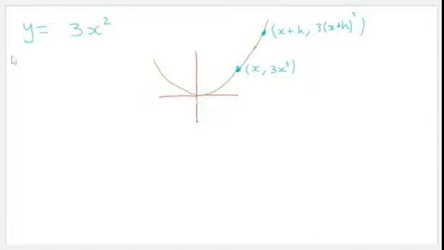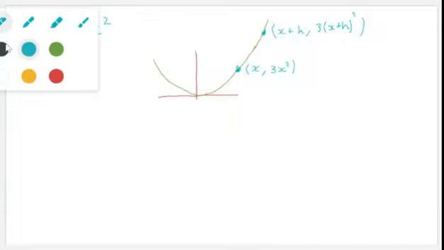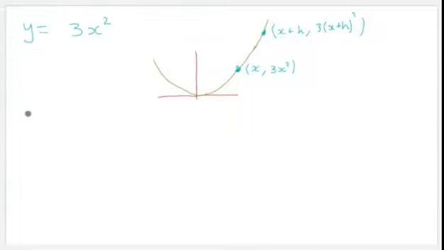And then going back to our work on gradients, we are essentially going to work out the gradient. So the change in y over the change in x. So the gradient is the change in y, so that's 3 lots of (x plus h) squared, take away 3x squared.